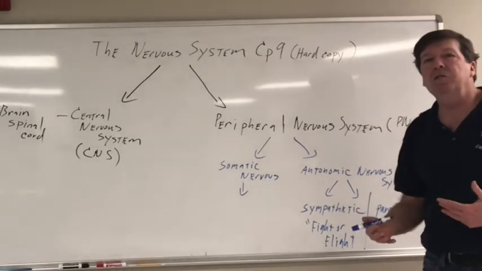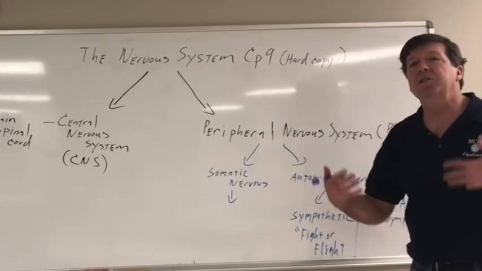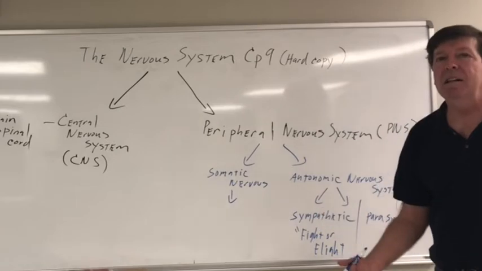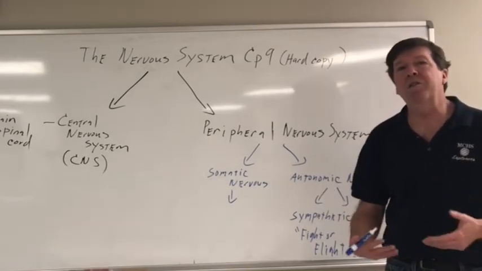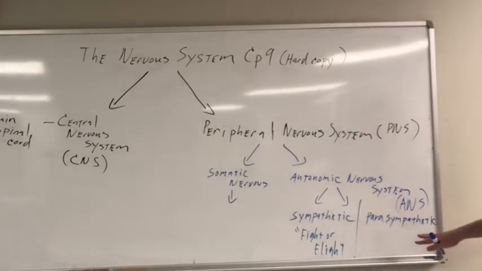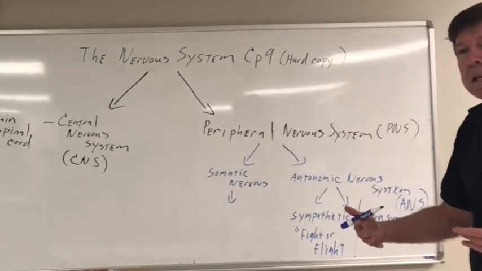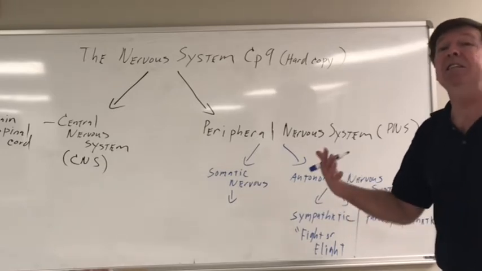Parasympathetic has to do with these involuntary responses of the body that will settle you down. So what do we mean by settling you down? We're talking about lowering the breathing rate, lowering the heart rate. At the same time, when we lower our breathing and heart rate from the parasympathetic nervous system, we also increase digestive responses.